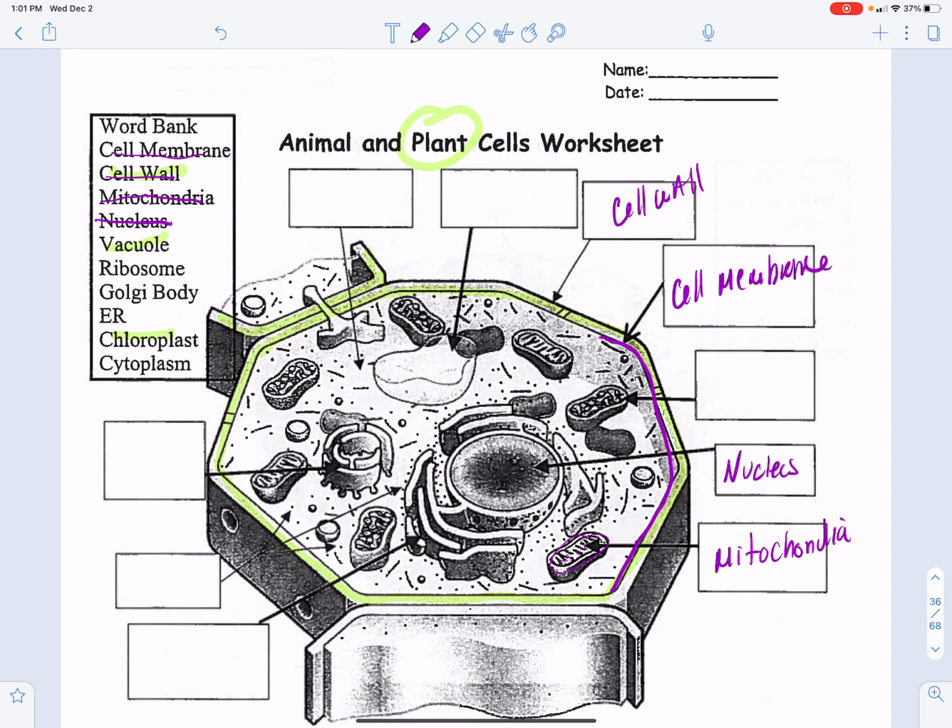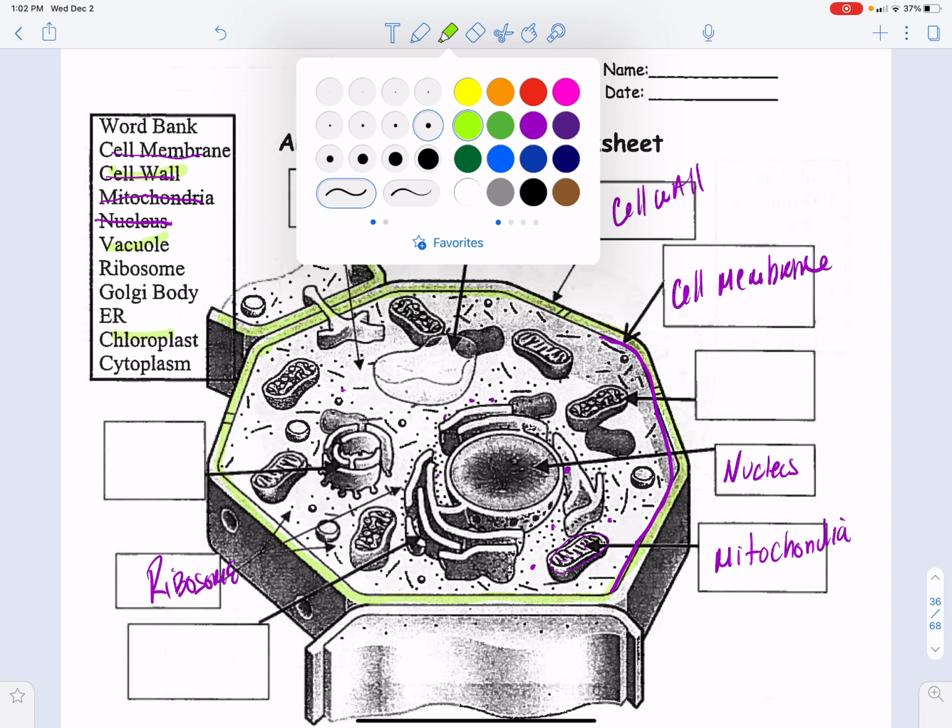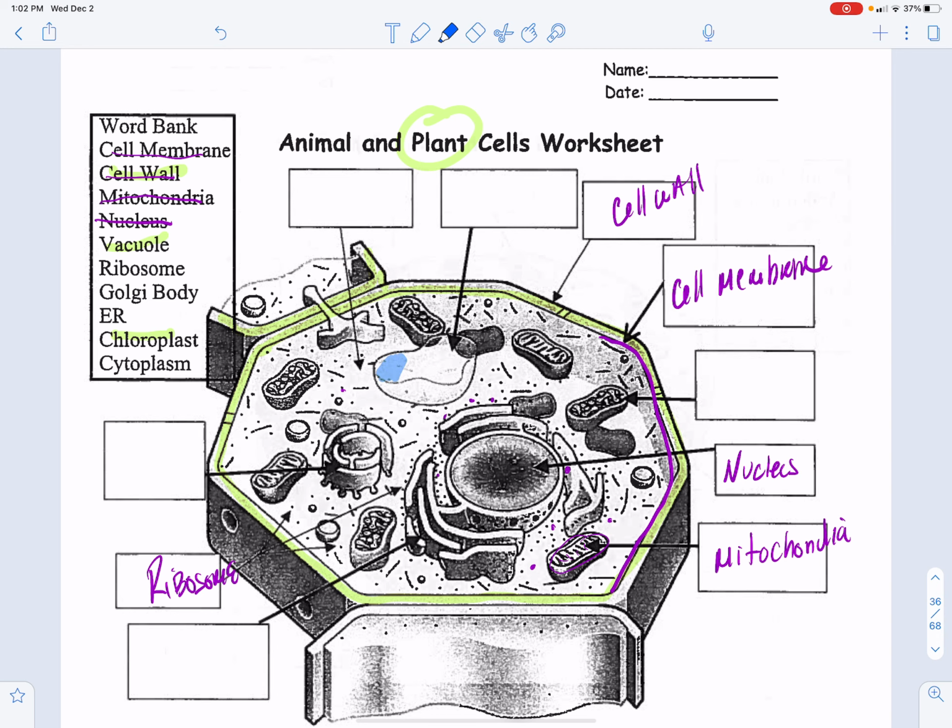Ribosomes, those are those tiny little dots that are all over the place. Some of them are on the ER, some of them are just floating everywhere. Let's use this little guy over here as a ribosome. Once again, they need to make proteins as well. This is really tough to see, but there's this kind of clear thing here.